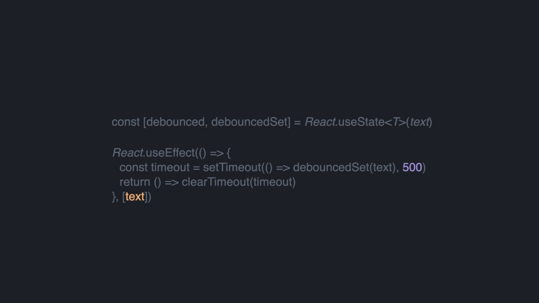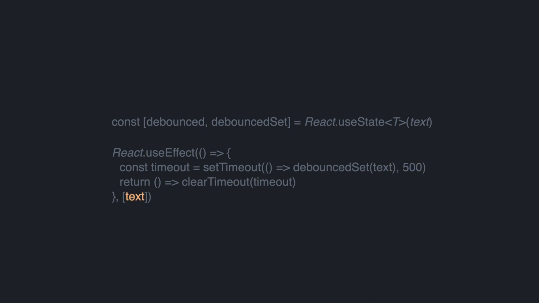If the state of text changes before that 500 milliseconds has passed, clear timeout will run so that when useEffect retriggers, it creates a new timeout, which will then try to set debounced to the new value of text after 500 milliseconds.